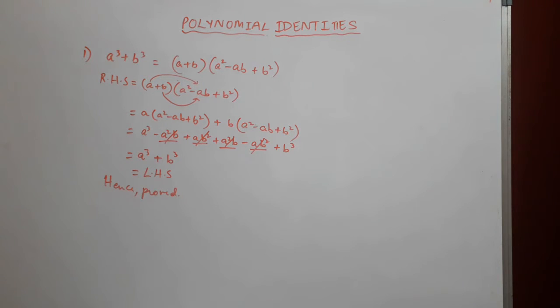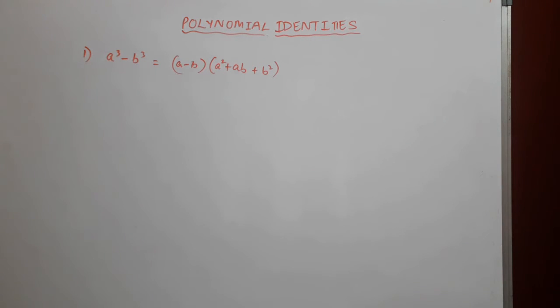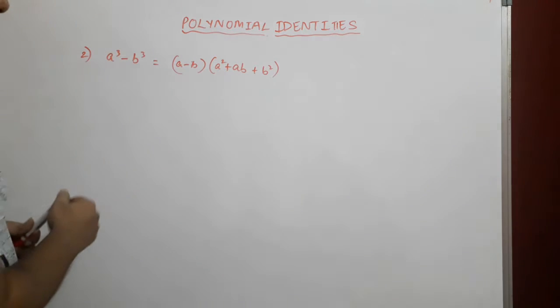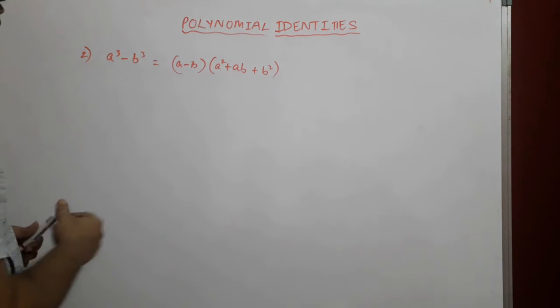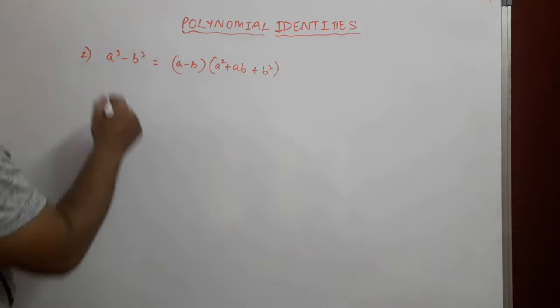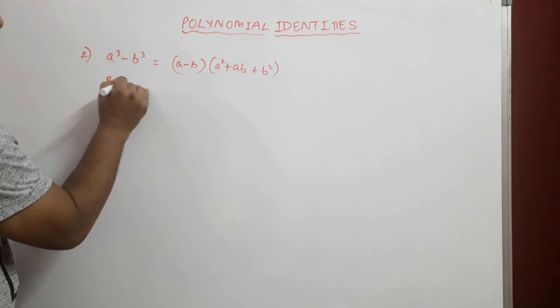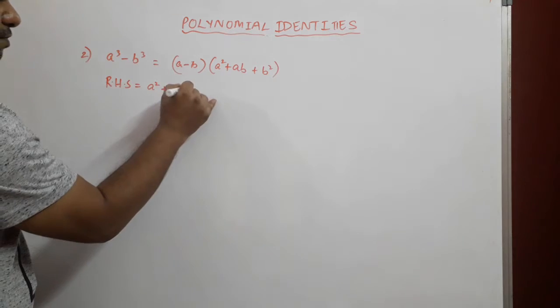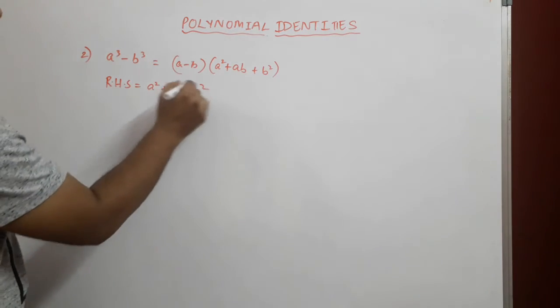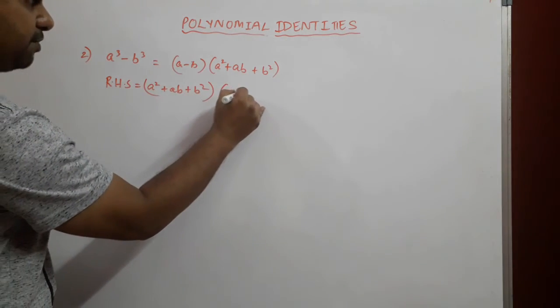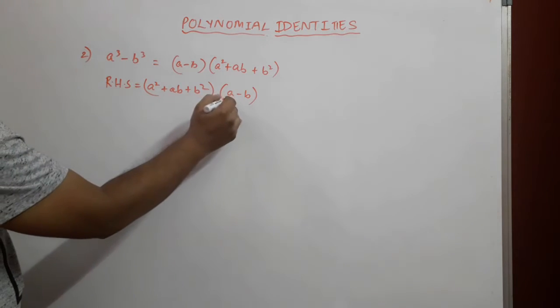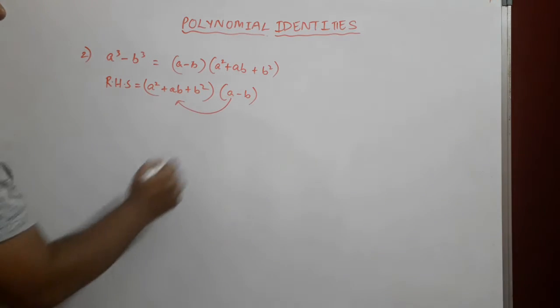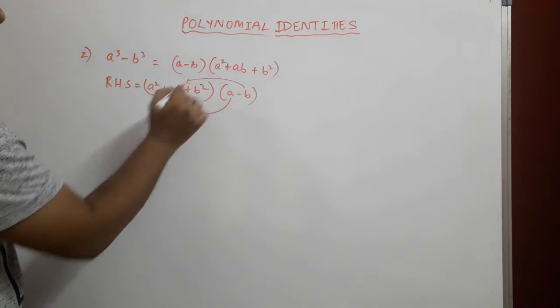Let's move on to the next identity. The next identity we need to prove, the second one, is a cube minus b cube equal to a minus b into a square plus ab plus b square. Once again we take the right hand side, which is a minus b into a square plus ab plus b square. So once again a will multiply into this entire bracket, followed by minus b into this entire bracket.